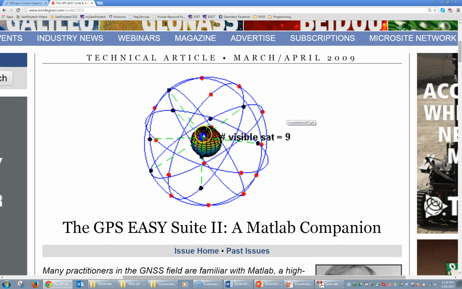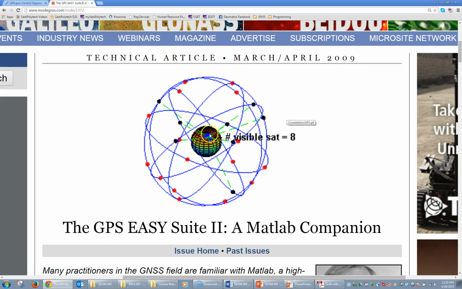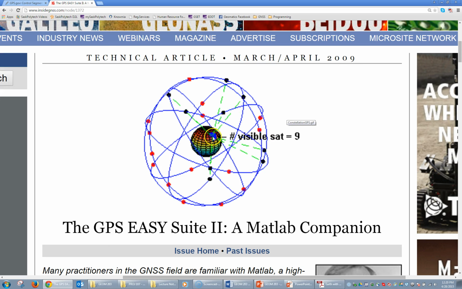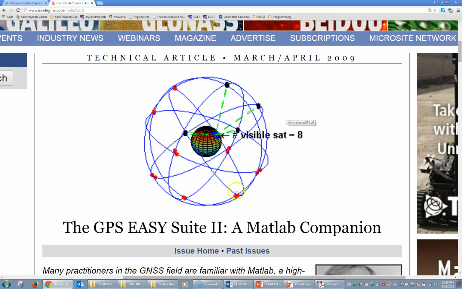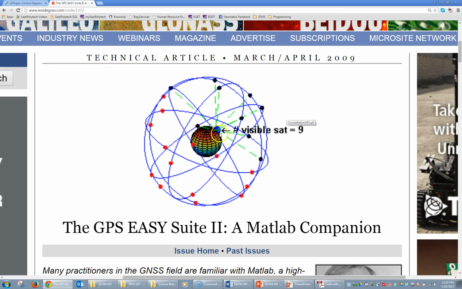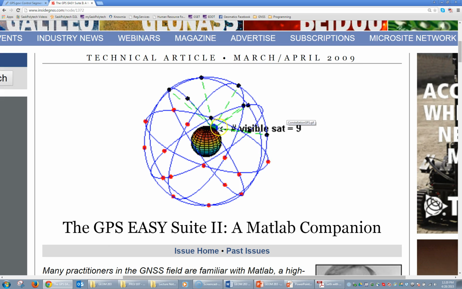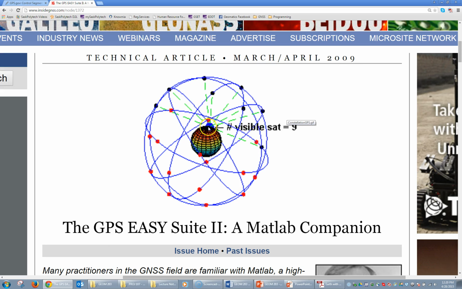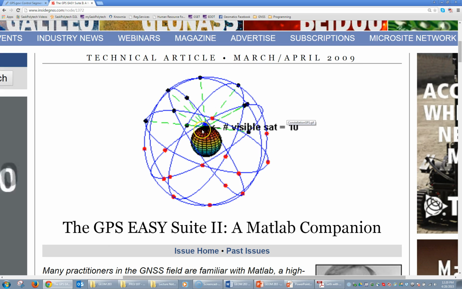So this little blue point here on the Earth is where, let's say, a receiver is. And then you can see that the yellow or green lines will connect to the satellites, which means that currently this satellite is viewable or observable from the blue location. And when the line goes away, then the satellite becomes red, I think.